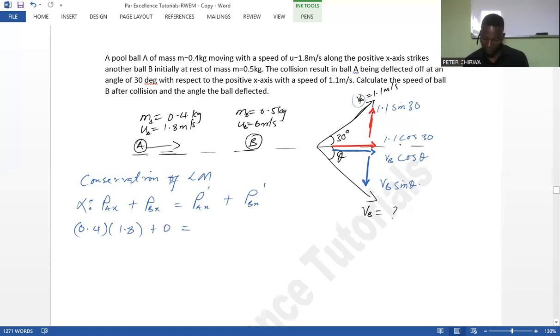And after collision in x, the mass has not changed, so we're going to have 0.4 times 1.1 cos 30, plus 0.4 times 1.1 sine 30. All right, so we can reduce this one.